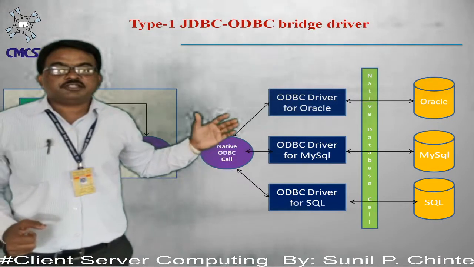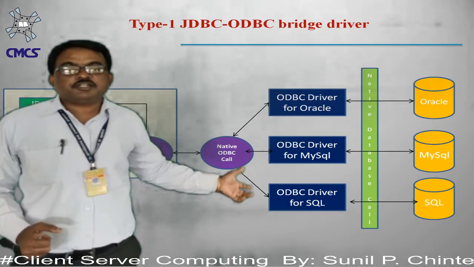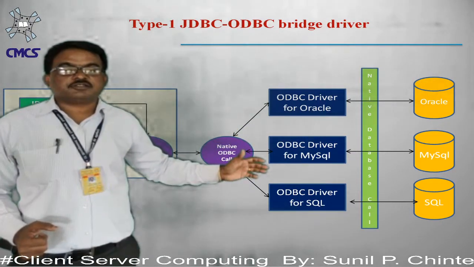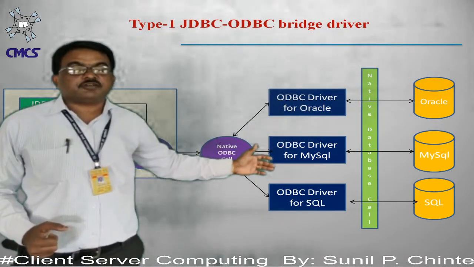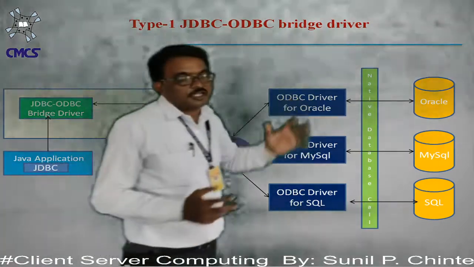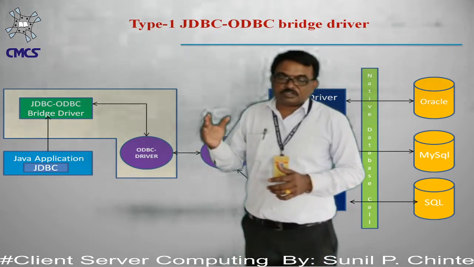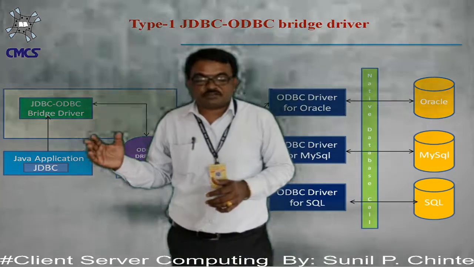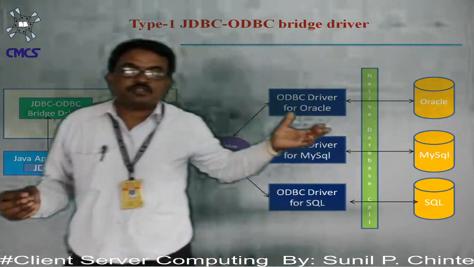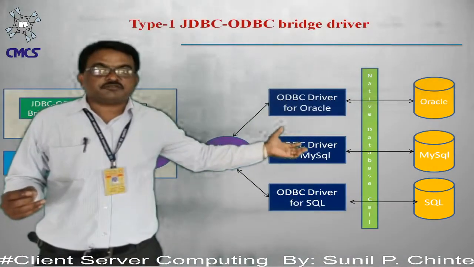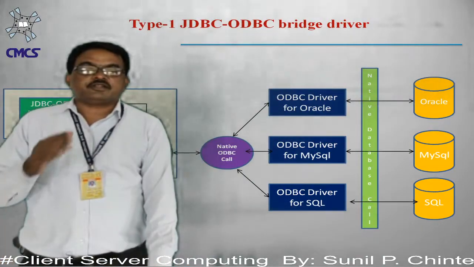Now the ODBC driver will convert the ODBC calls into native calls specific to the database. That means JDBC calls are first converted into ODBC calls by using the JDBC ODBC driver, and the ODBC driver converts the ODBC calls into database specific calls. This is the JDBC ODBC driver, that is the type 1 driver.